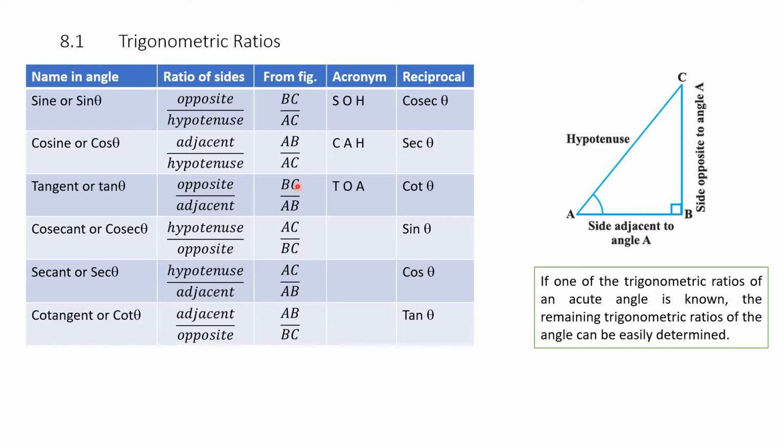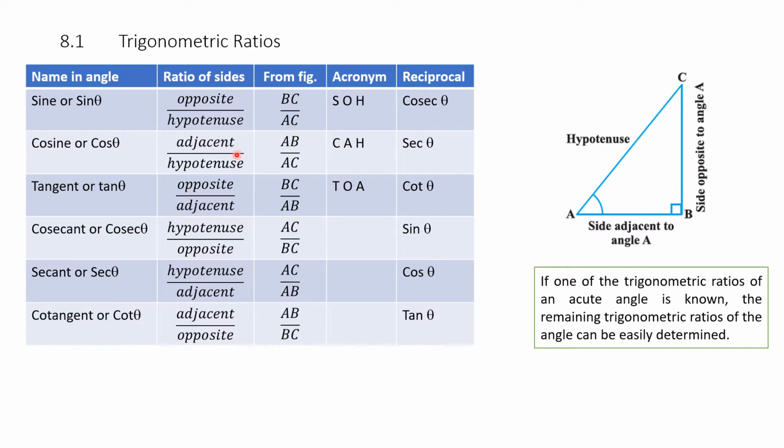Therefore, we have six trigonometric ratios: sin theta, cos theta, tan theta, cosecant theta, secant theta, and cotangent or cot theta. Reciprocal of sin theta is cosecant theta. That is, BC by AC is sin theta. If you reverse it, that is AC by BC, we get cosecant theta.